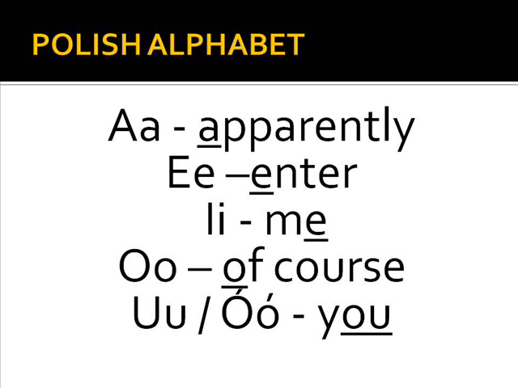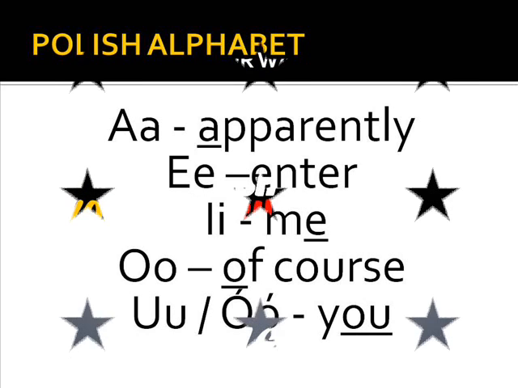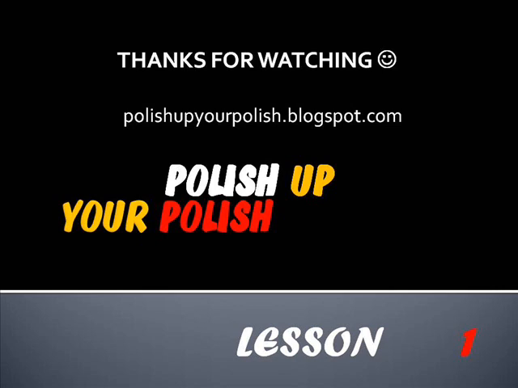So once again, let's go through the basic vowels of Polish alphabet, starting from the top. A, E, I, O, U. And letter U appears in two different versions. Okay, alright, so that's it for lesson number 1. We went through the basics of Polish language, but I believe if you go through this lesson like 2 or 3 times, you will be able to understand and repeat all Polish sounds, at least those that I've mentioned.